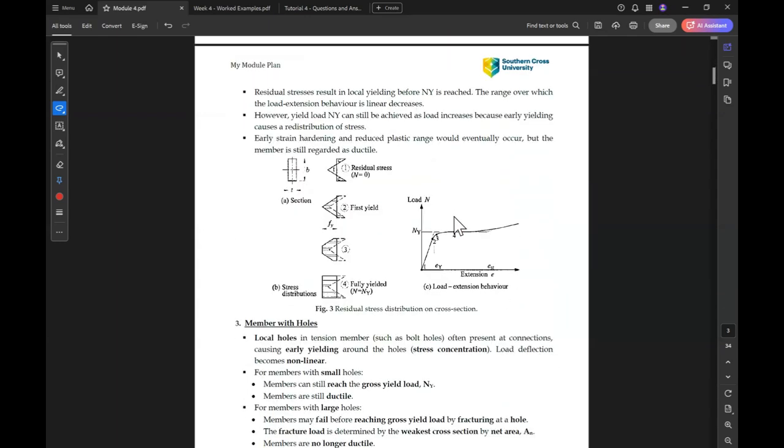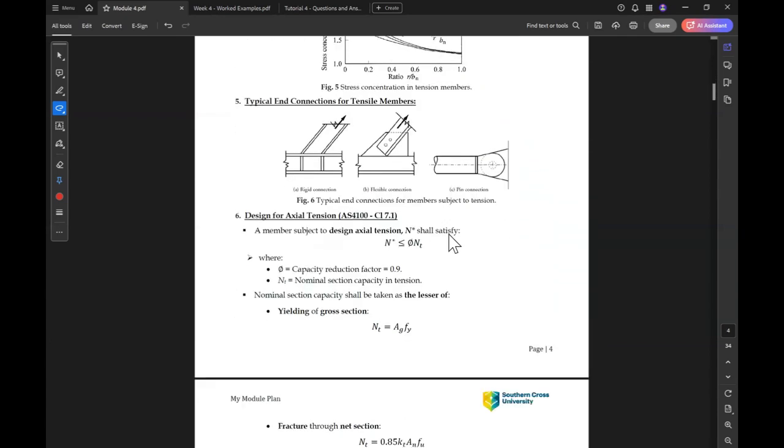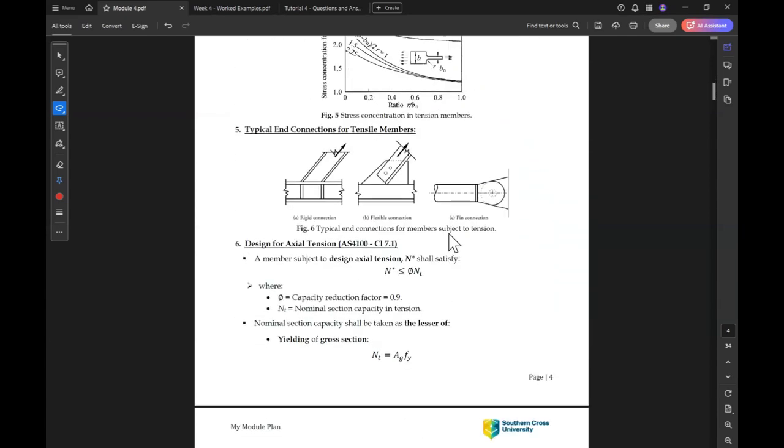Okay, so we can have a quick look at this part, but let's go directly to the important part, which is design for axial tension. The design of axial tension in the Australian standard AS 4100 is clause 7.1. A member subject to design axial tension N star.